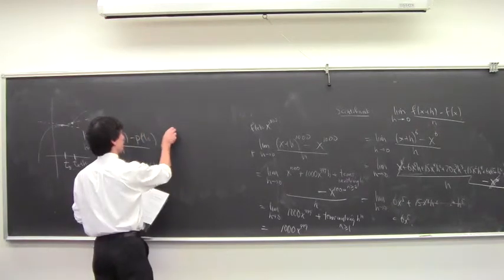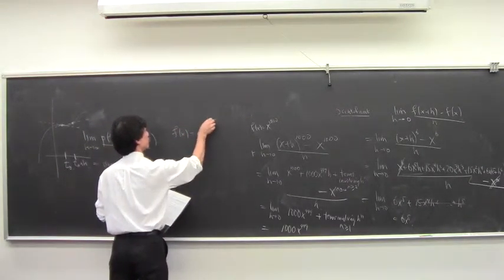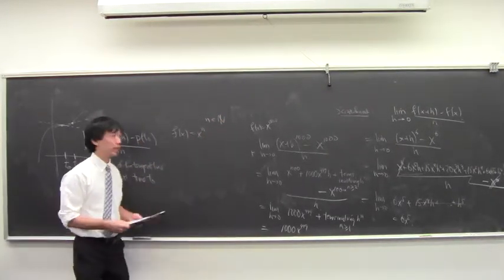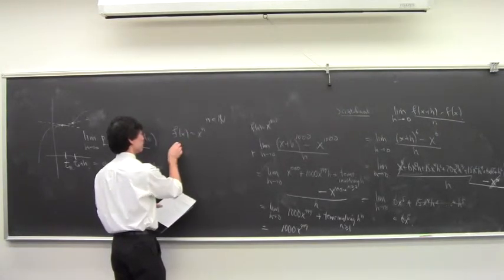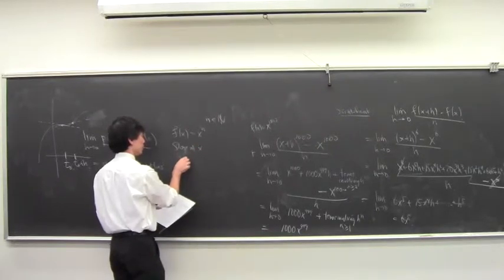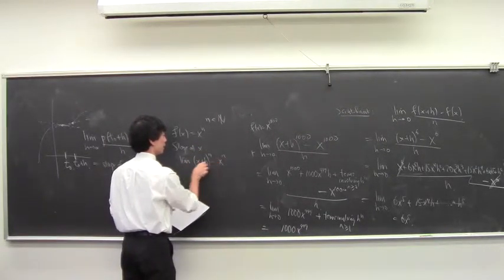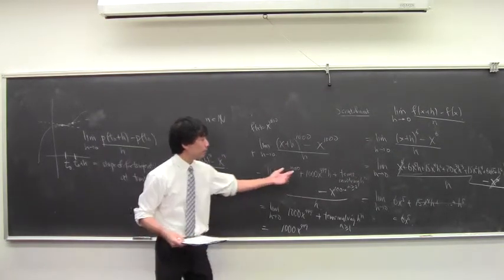Right, if I had f of x equals x to the n, where n is some natural number, the same thing is going to happen. The limit of the slope at x is the limit of x plus h to the n minus x to the n over h as h goes to 0. And then you see what's going to happen.